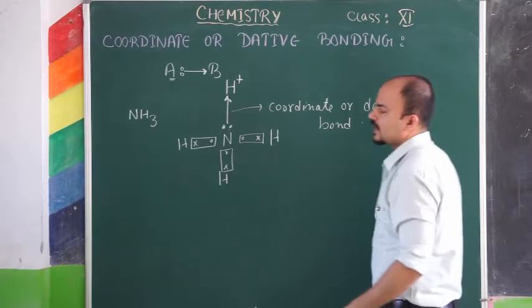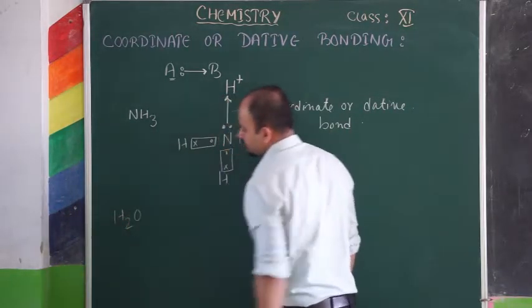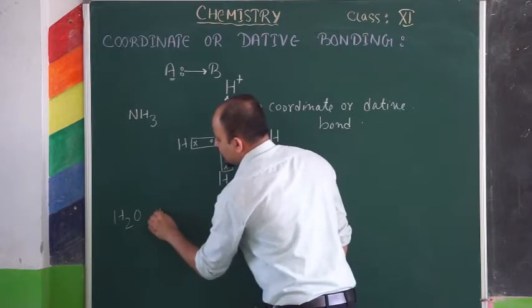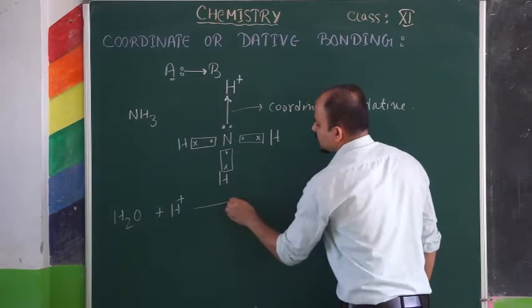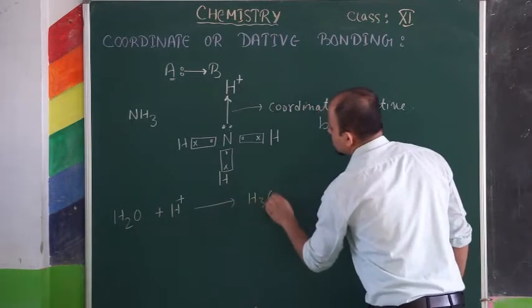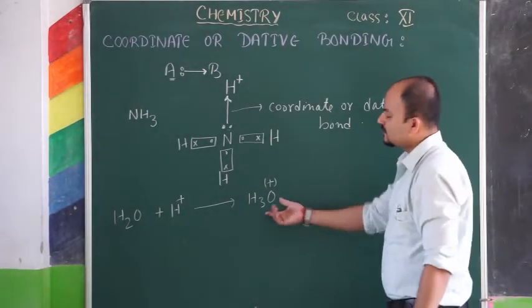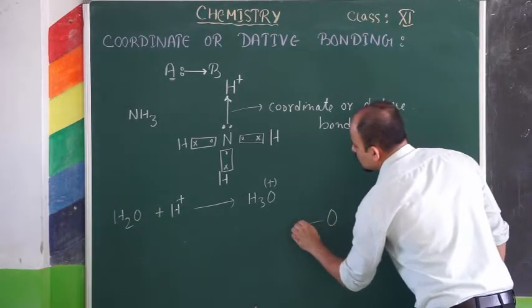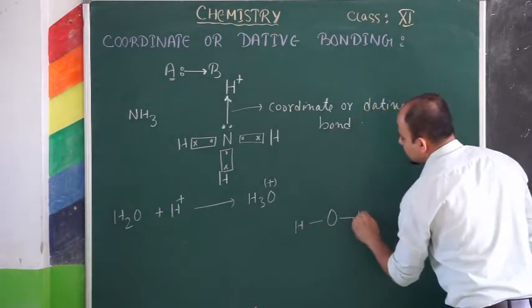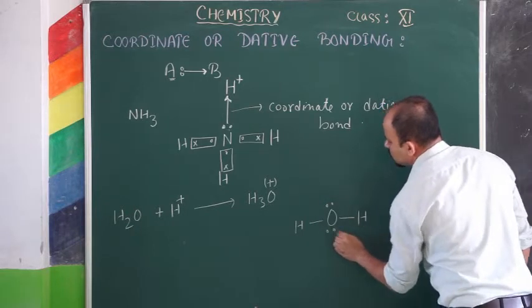Similarly, you have a water molecule. Whenever a water molecule is present in acidic medium, what will happen? They will combine to give you the H3O plus ion, the hydronium ion. How is this hydronium ion formed? Oxygen has 2 covalent bonds, and oxygen has 2 lone pairs.